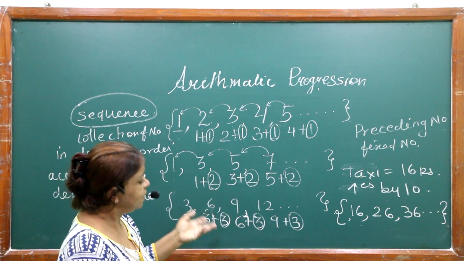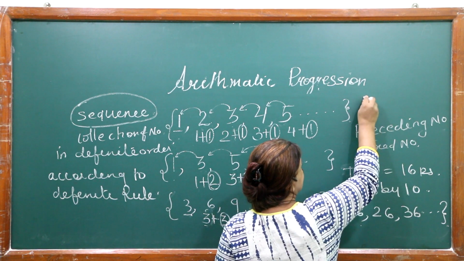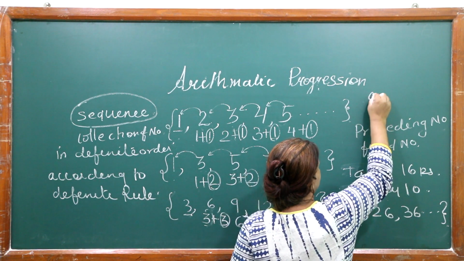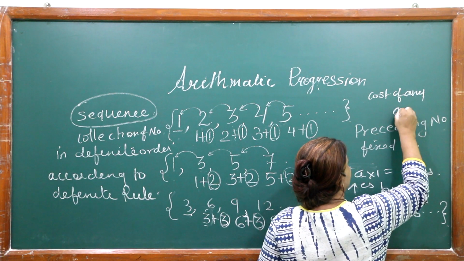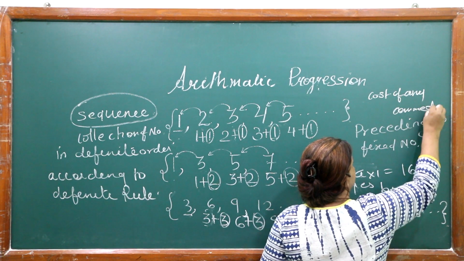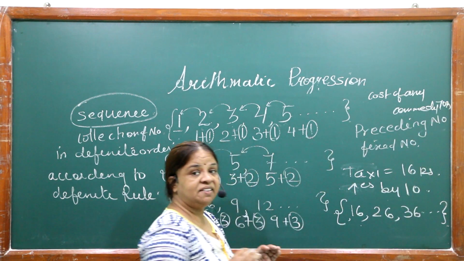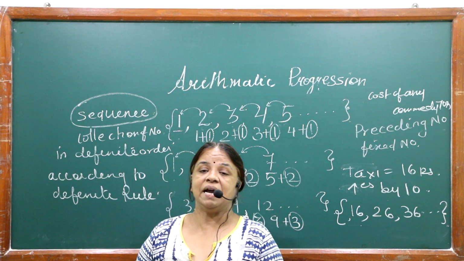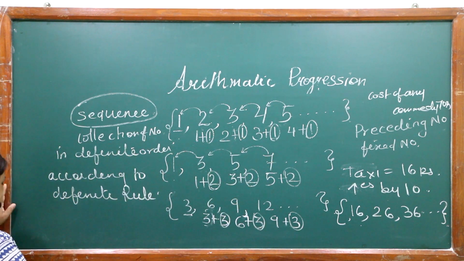Then one more example I will give you of any commodity. Suppose the cost of a commodity is 70 rupees, and it decreases every year by 10 rupees. So what will be the sequence which we will obtain?